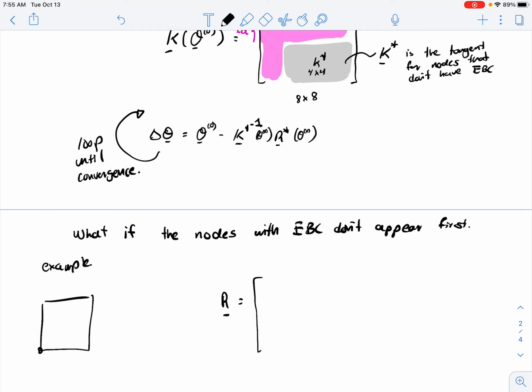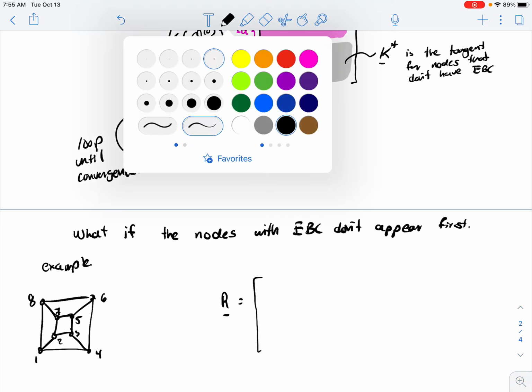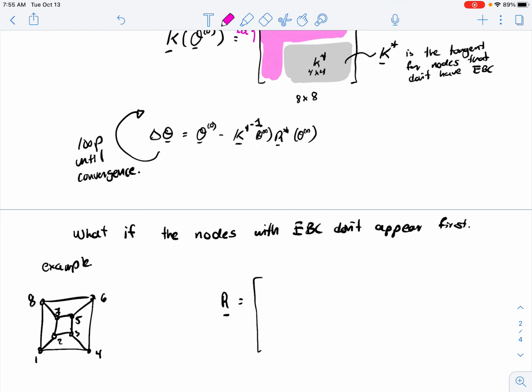It's the same mesh as before, but let's say that now I number the nodes 1, 2, 3, 4, 5, 6, 7, 8. In that case, the nodes with the essential boundary conditions are going to be 1, 4, 6, and 8.